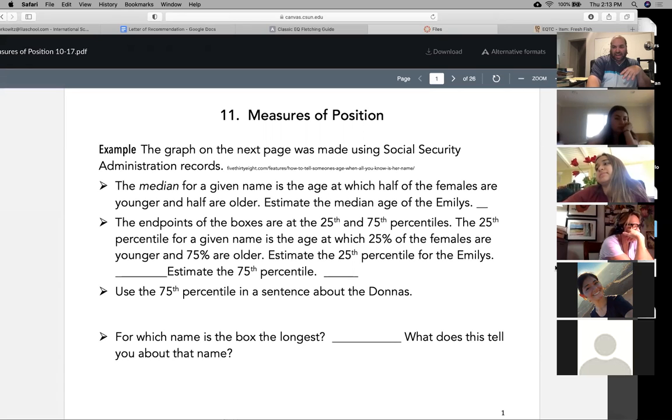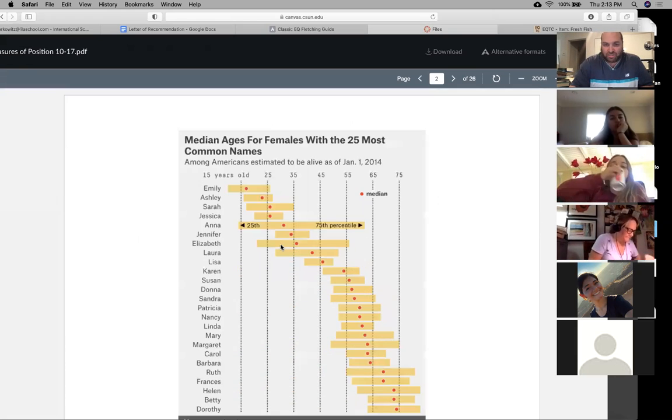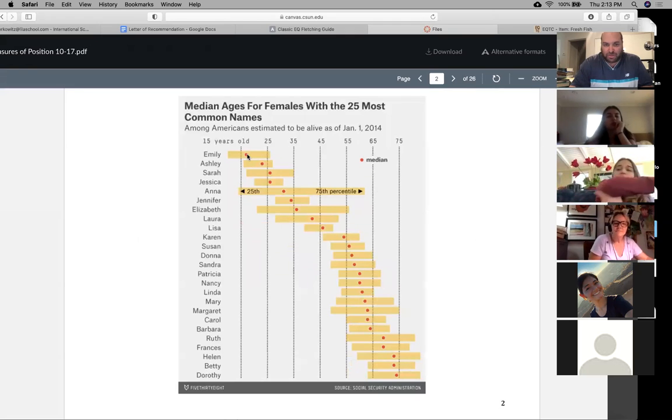According to this chart, the red dot tells us the median age of Emilys is about 16 or 17 years old. Because this line here is 15, this line here is 25, so it's closer to 15, whatever it is, about 17.